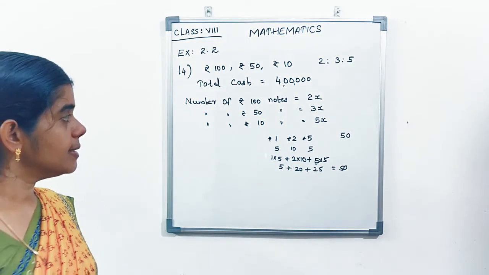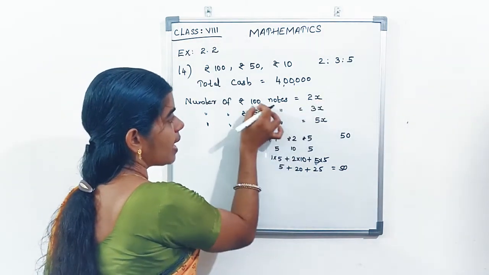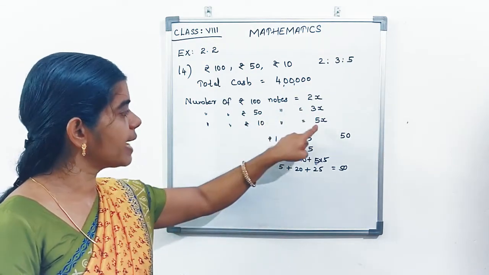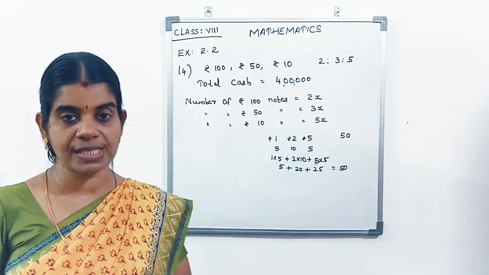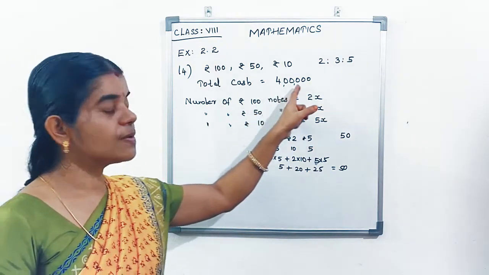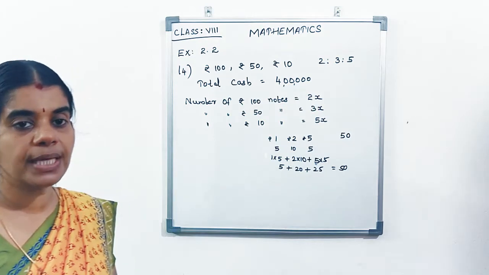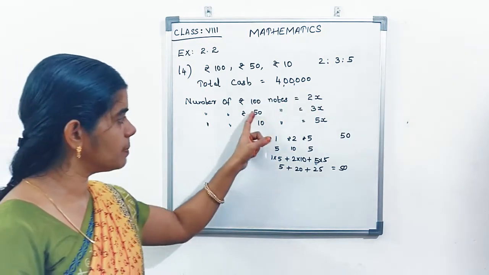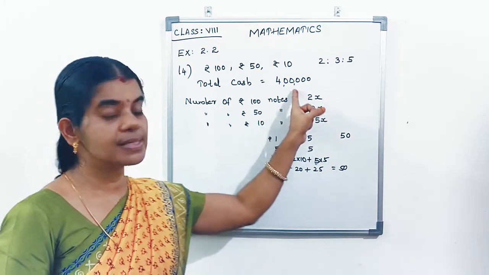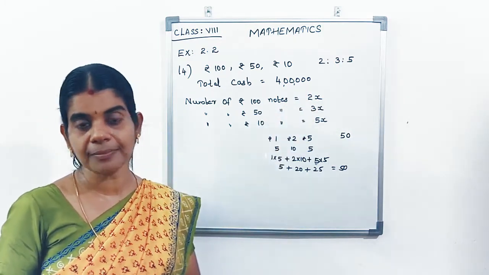Like that, here also we have 2x 100 rupee notes, 3x 50 rupee notes and 5x 10 rupee notes, and the total money is 4 lakh. How can you form the equation? 2x into 100 plus 3x into 50 plus 5x into 10 equals 4 lakh. Is it clear?